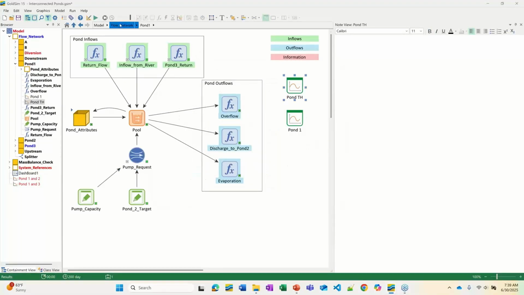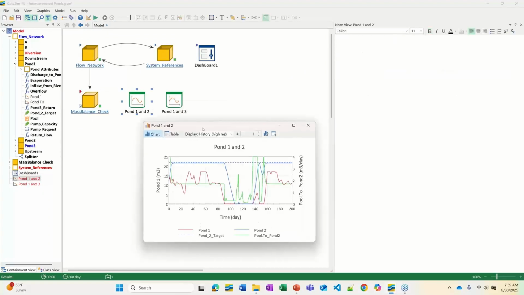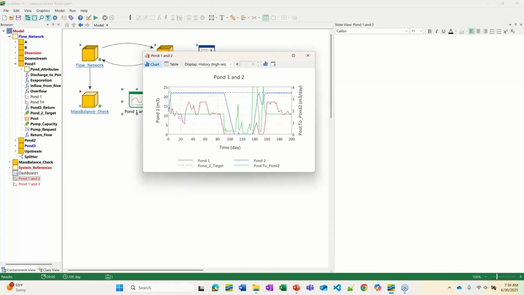go up a level and look at the ponds together, then we get a better idea of what's happening. So now we see that pond 2 was low at the beginning, and the response was to send a lot of water, that's this green line, to fill it.